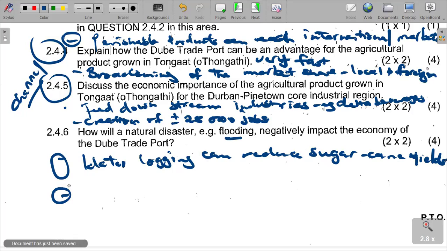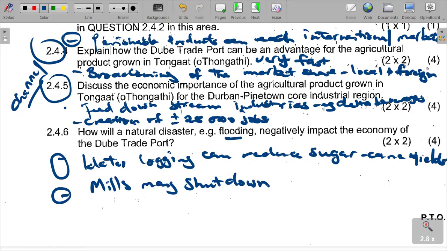And then we can talk about mill shutdown. The sugar cane mills may shut down.